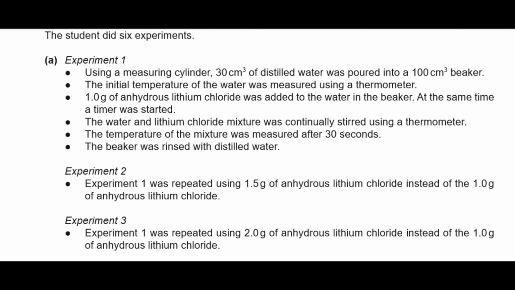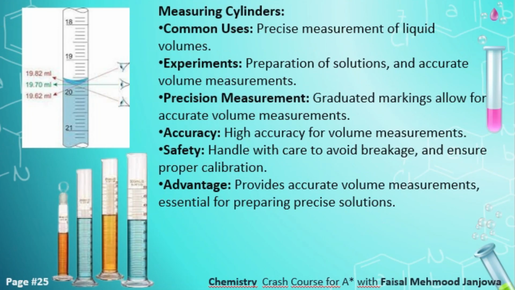In experiment 1, we can see that the student has used a measuring cylinder to measure 30 cubic centimeter of distilled water. As we are asked to improve the accuracy, we can use a burette instead of the measuring cylinder because a burette is more accurate than a measuring cylinder.